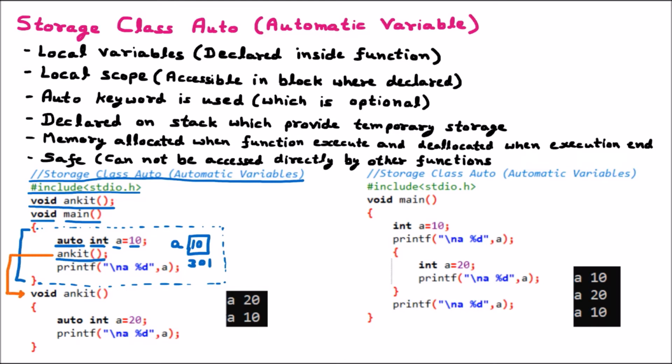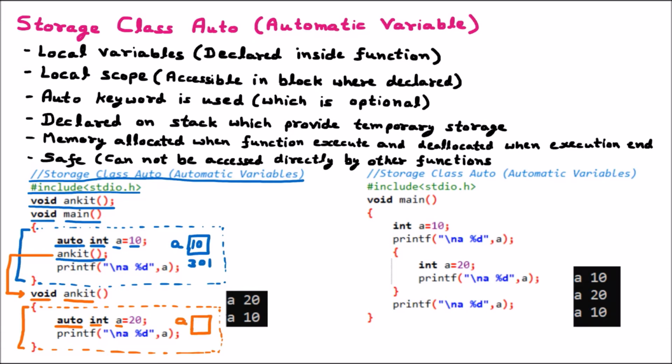So here we have void Ankit. This is the function, and the function has its own boundary. Inside the boundary of the Ankit function, we have auto. We know that this auto keyword is optional. Whether you provide it or not, it will be a local, or automatic, variable. Then afterward we say int a. Understand that this is another variable, a, declared inside the boundary of the Ankit function.